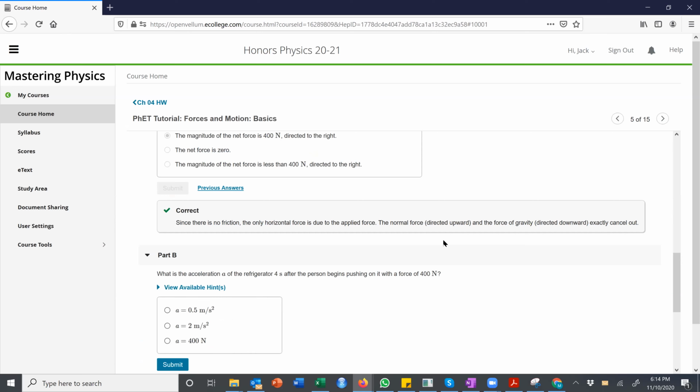The force is equal to mass times acceleration. F equals ma. What is the force? It's 400. What is the acceleration? That's what we're trying to find. Do we know the mass? The mass is 200.